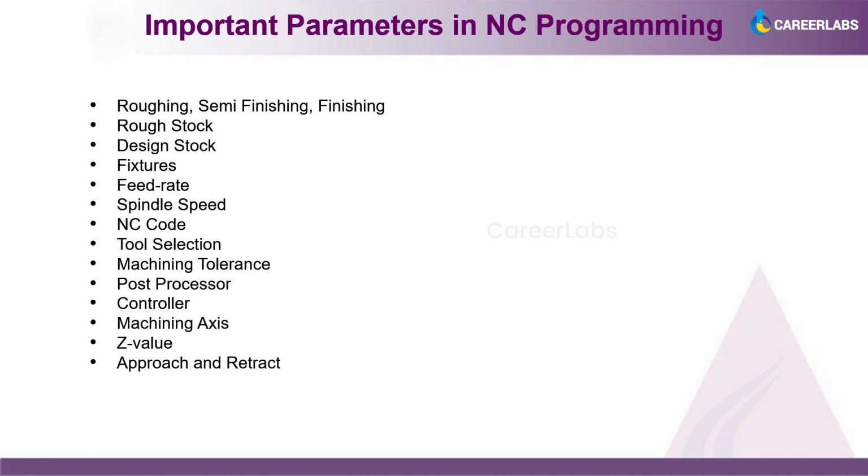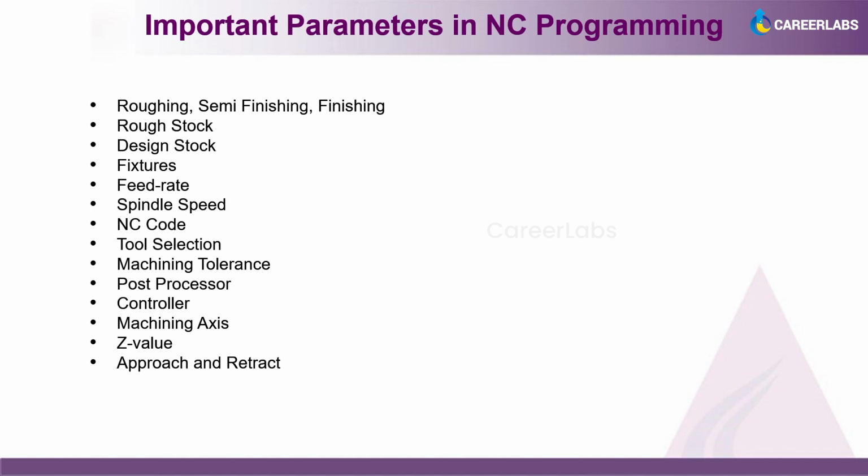And coming to machining axis, we have to be very cautious while selecting the machining axis. When it comes to machining, as per the real machine, if it is horizontal, how much distance that particular machining axis is vertically away before starting the operation is included in the Z value.